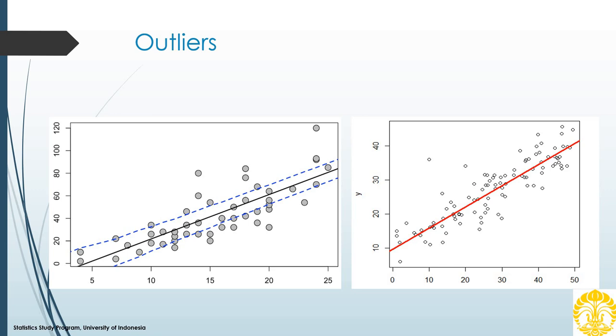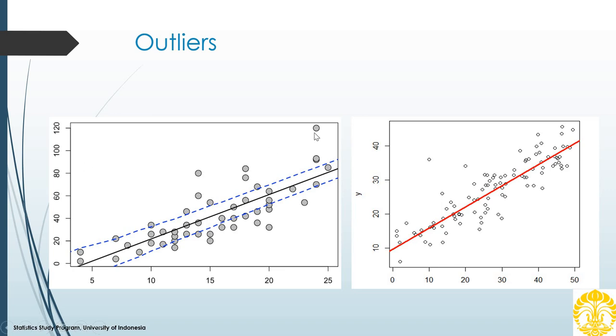Now we move on to outliers. What are outliers actually? In some references, they say that outliers are the observations with an error greater than 3 standard deviations from the predicted value.